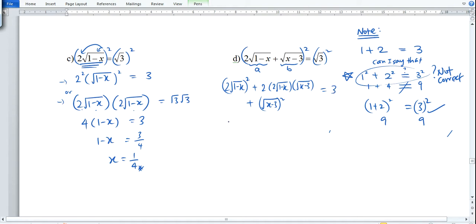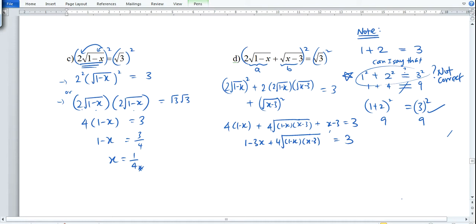So if I continue to simplify, I will get 4 minus x plus 4 square root 1 minus x, x minus 3 plus x minus 3 equal to 3. If I simplify a little bit more, I would have gotten 1 minus 3x plus 4 square root 1 minus x, x minus 3 equal to 3.